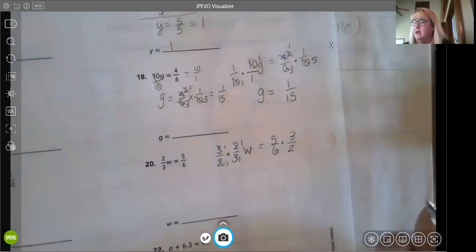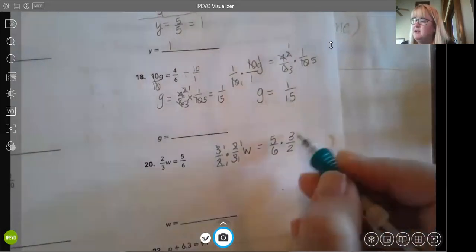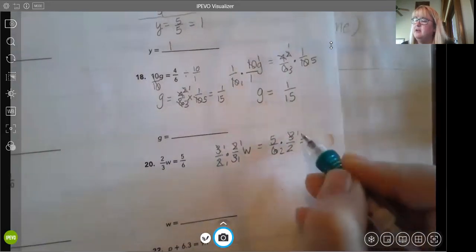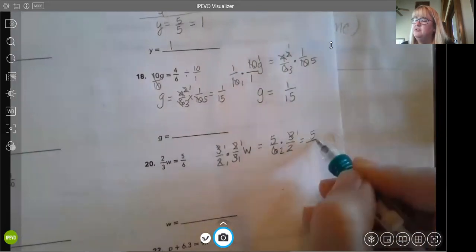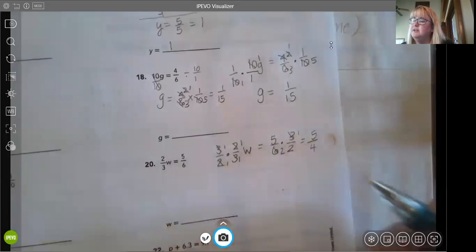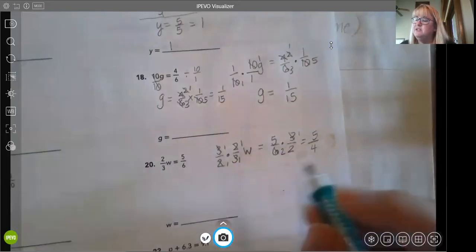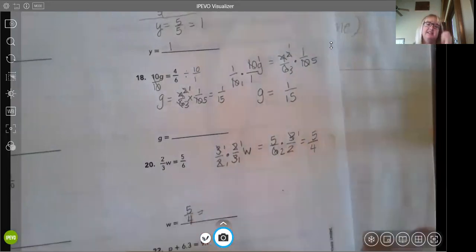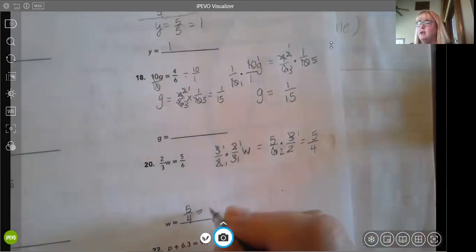Okay? Simplify where we can. 3 and 6 simplify to 1/2. And then we multiply across, that's all we can do. Multiply across, we got 5. 2 times 2 is 4. So it is the same thing as 5/4. All right, W is 5/4, which is in simplest form, but if you were writing it as a mixed number, you would get 1 and 1/4.